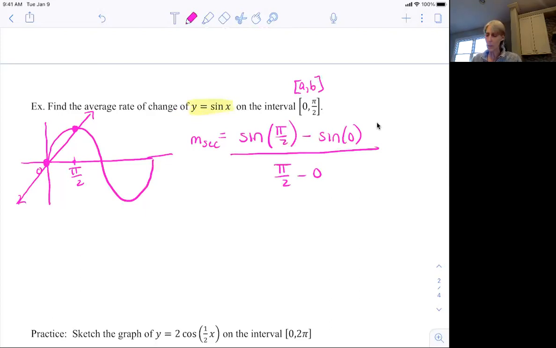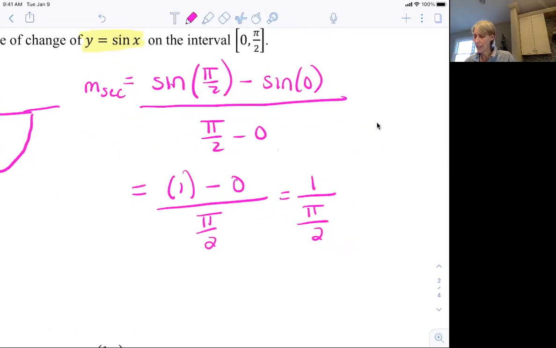And now I'm just going to evaluate this. The sine of pi over 2 is 1. The sine of 0 is 0 over pi over 2. So I have 1 over pi over 2.